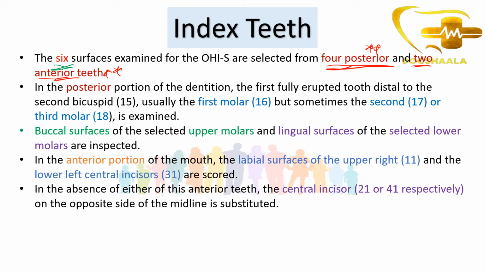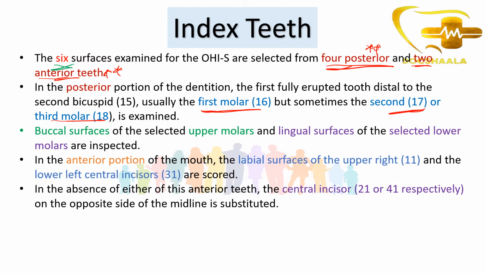The second bicuspid is nothing but the second premolar. So it is the tooth distal to that, that is the first molar, right? The first molar, 1/6, but sometimes the second molar or third molar may also be examined, depending upon the availability of teeth in the patient.